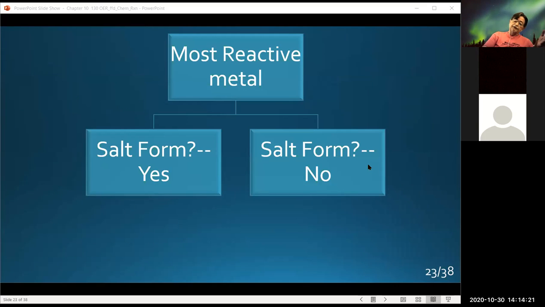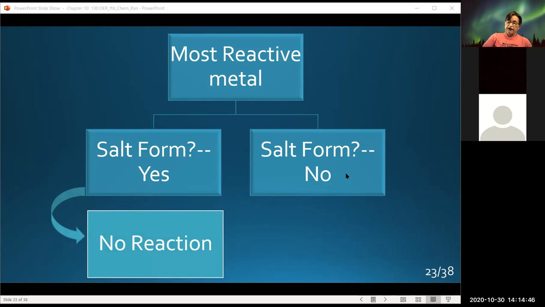All right. This flow chart breaks it down for you for single replacement reactions. Find the most reactive metal on the activity series, metal or hydrogen, in case there's hydrogen involved, either in the form of proton or water. Then ask whether it's already in salt form or in a compound.